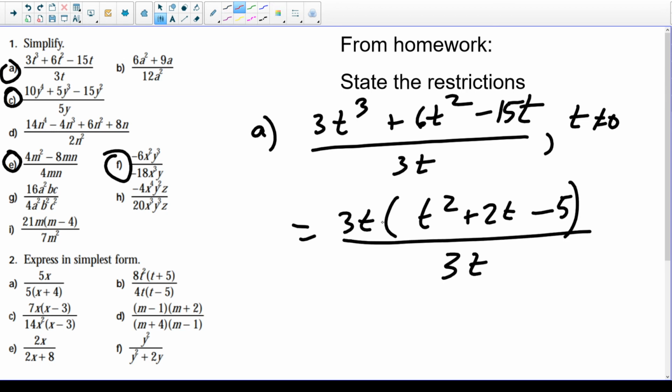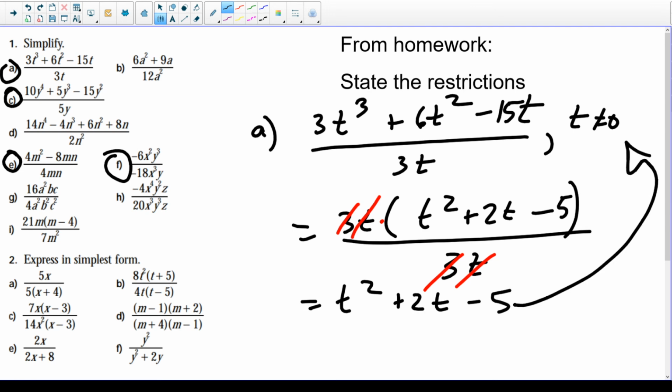And now, because the main operation is a multiplication, we can cancel out the 3, we can cancel out the t. And only then are you allowed to do that. So our final answer is a parabola, but that parabola has that restriction, which means it's going to have a hole on it somewhere at t equals 0.